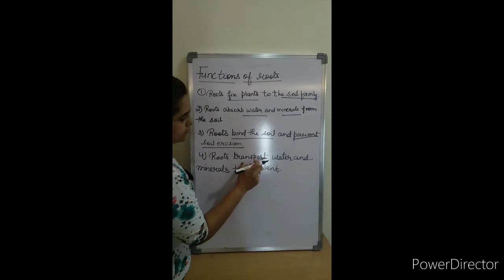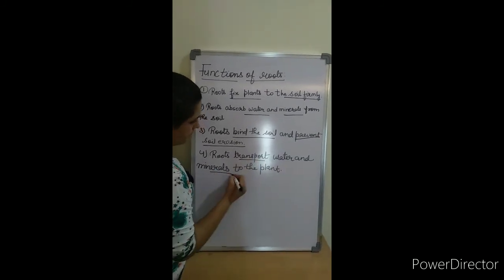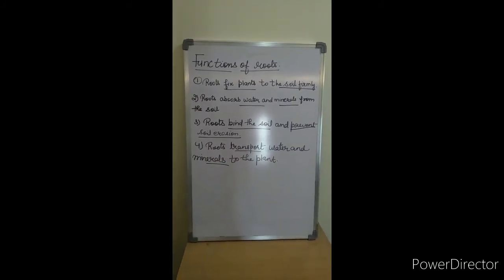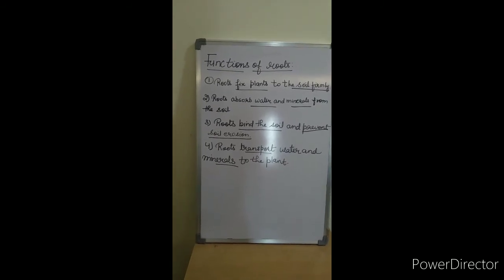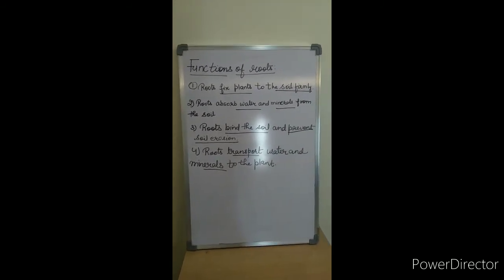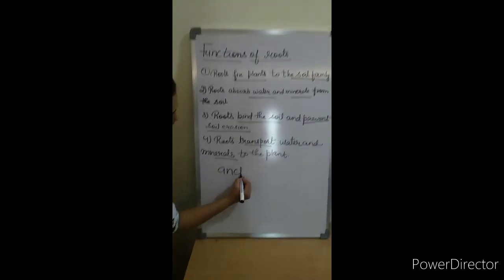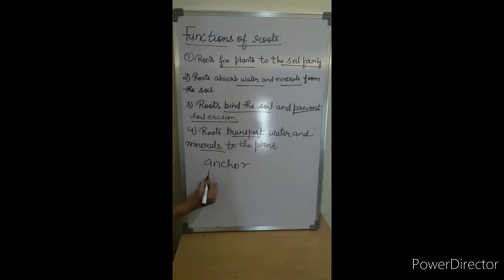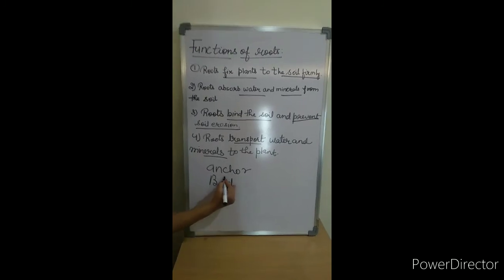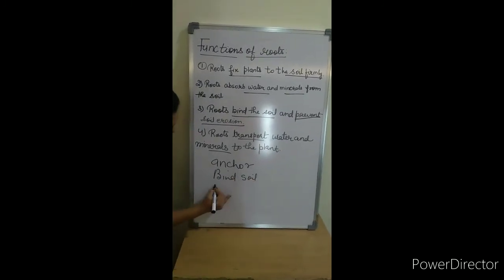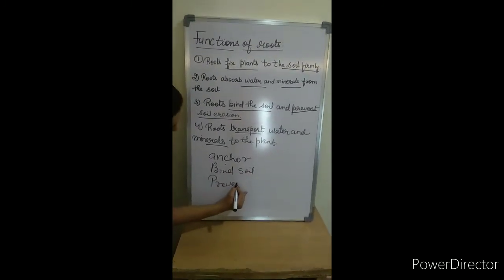Roots transport water and minerals to the plants. So we all understood that roots are very important for the plants. They anchor the plants to the soil. They bind the soil and prevent soil erosion.